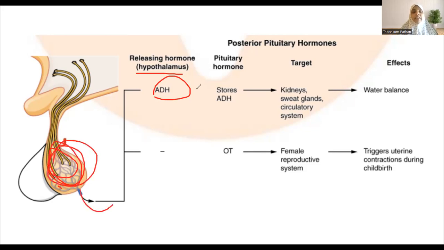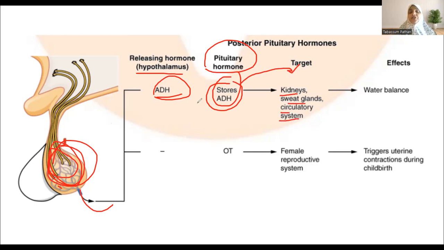Then the hypothalamus releases this hormone, and it is stored in the pituitary gland. As and when it is required, it will go and activate the kidneys, the sweat glands, and the circulatory system. What is the function of this antidiuretic hormone? See, the name itself is telling you.